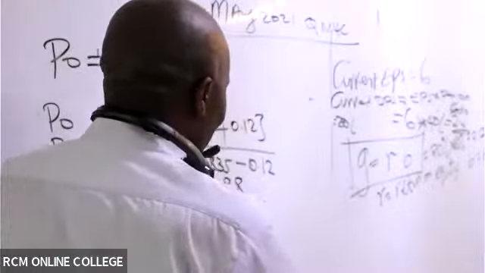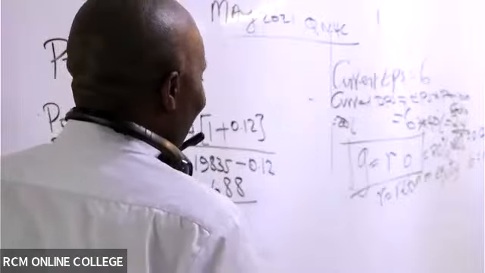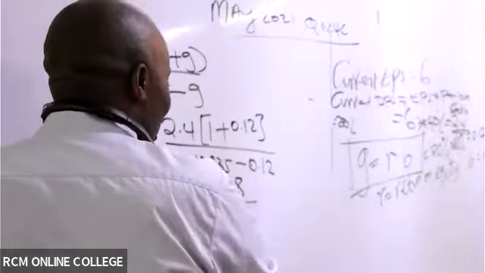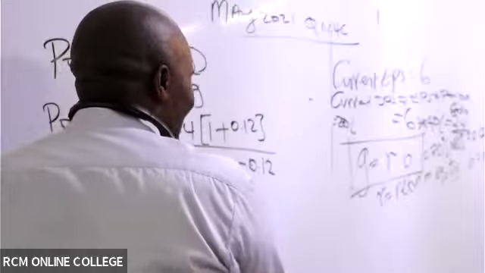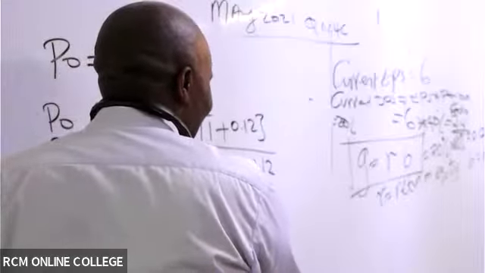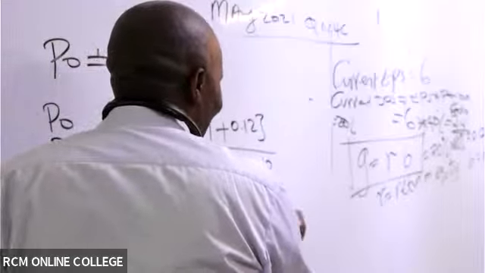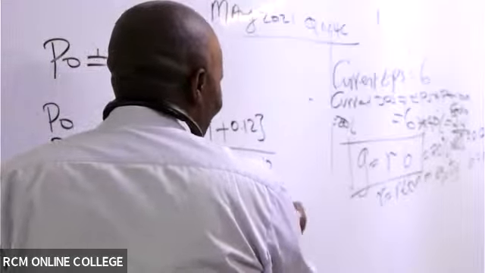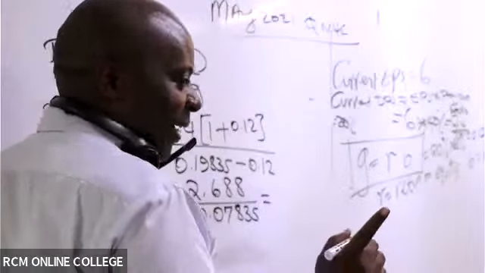Because you see this 0.12, it's knocking on this. 0.0835. So now go ahead and give me the quotient now. 34.31.